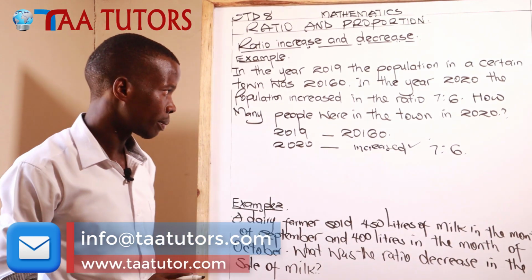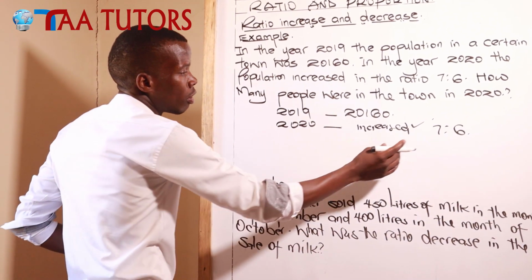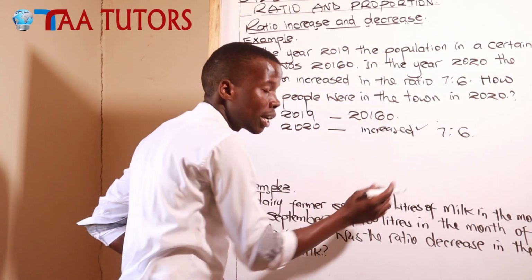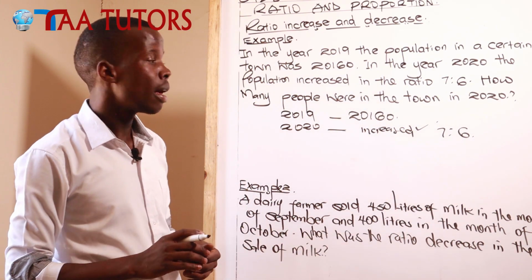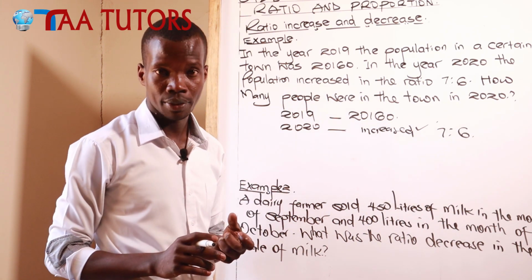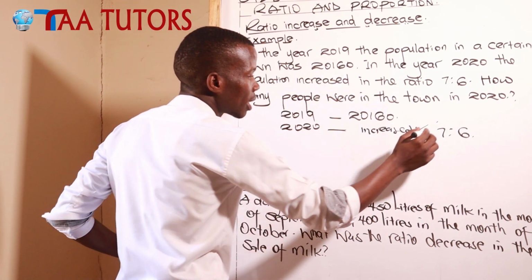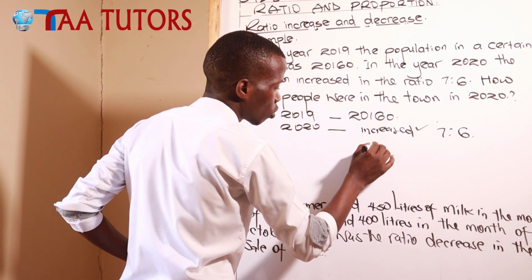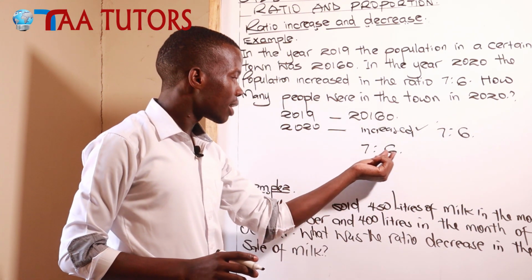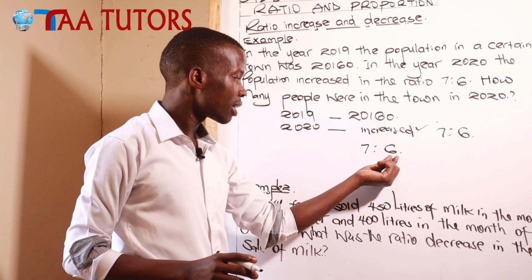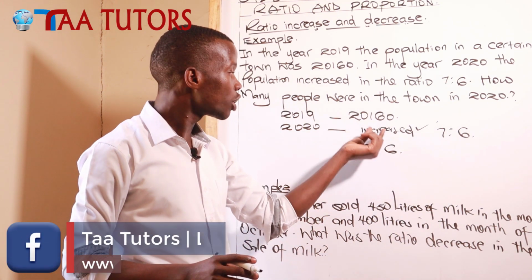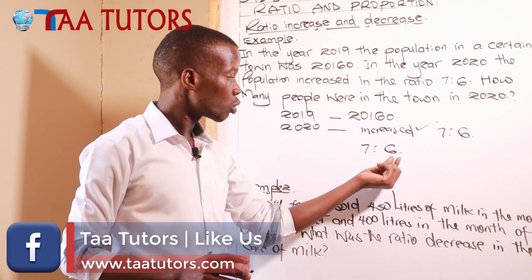Now, from the ratio here, we can get the population in the year 2020. When you compare 7 and 6, you will find that 7 is more than 6, which means 7 is the increase. 6 here is the original number in 2019.